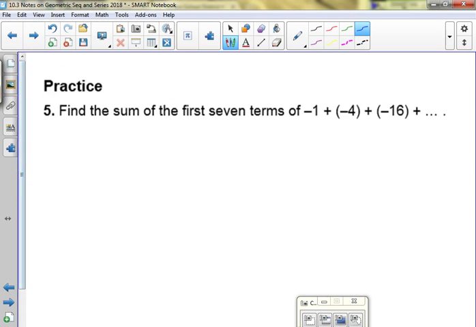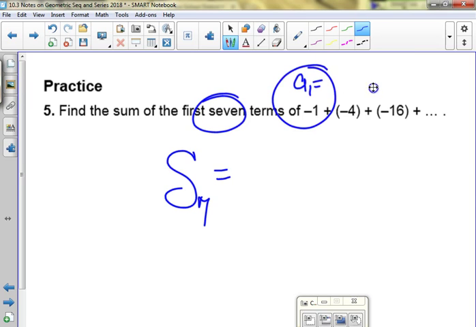All right. Find the sum of the first 7. So which formula are we using here? This, finite, good. Sum of 7 terms, where the first term is -1, and R is +4.